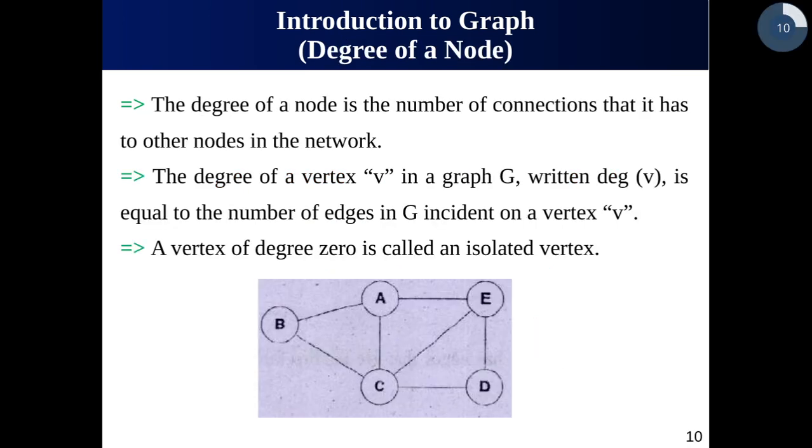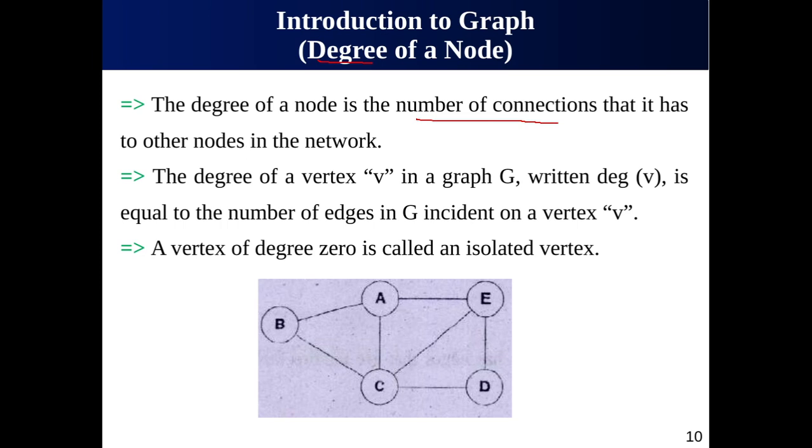Another concept is degree of a node, and you know about this term from the tree concepts. We have studied about it already. What is degree? Degree is actually the number of links or connections that a node has to other nodes in the network.